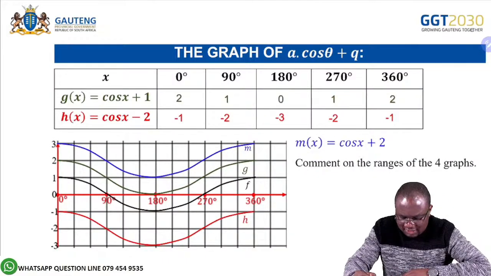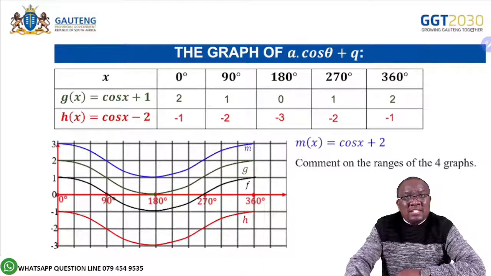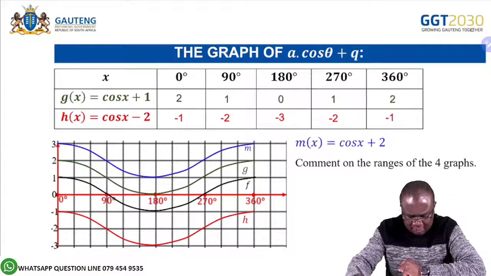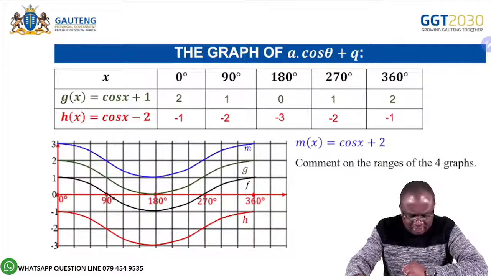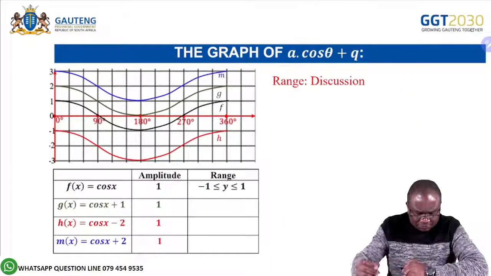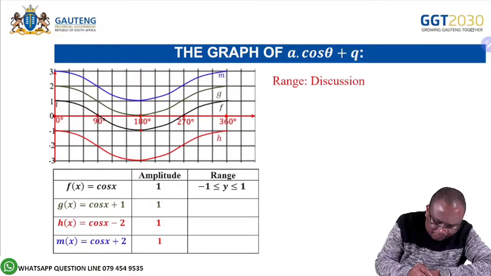Comment on the ranges of the 4 graphs. I won't give you time to discuss. Let's just go straight to the answers. We have the same graphs that we are using. Now the range. The range for the black graph is from negative 1 up to 1 here.